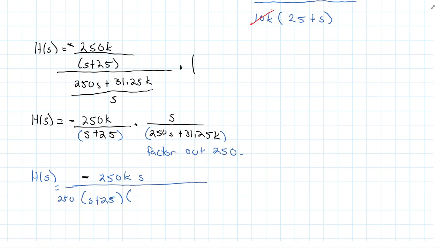And then if I do 31.25K divided by 250, we get S plus 125.